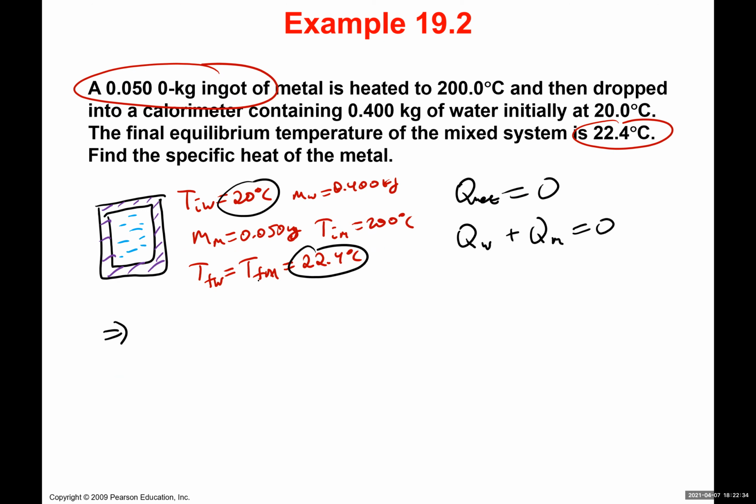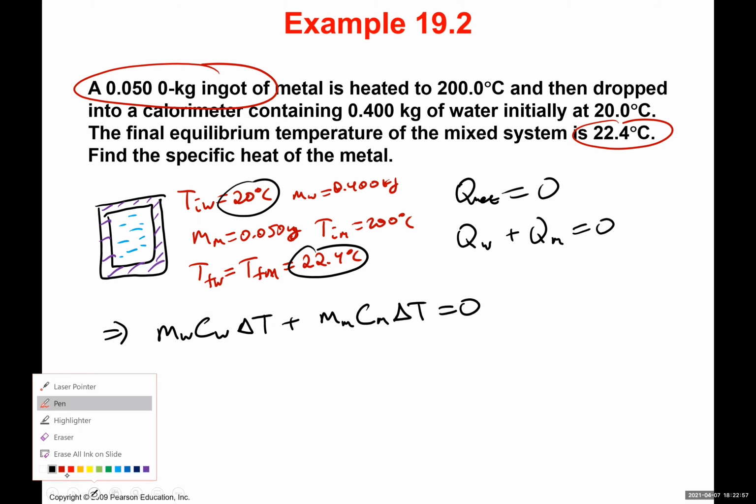I can clearly see there is no change in phase. That means that equation involves mass of water, specific heat of water, times delta T at more or less room temperature. So no change in phase. Then plus mass of metal, specific heat of metal times delta T, and this equals 0.